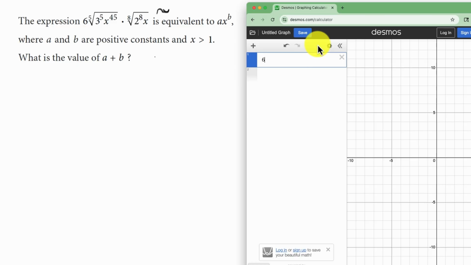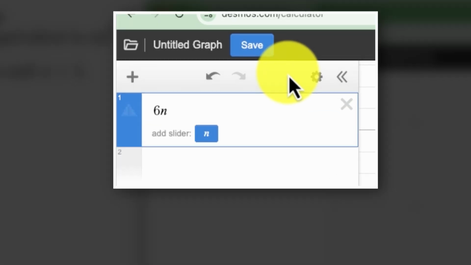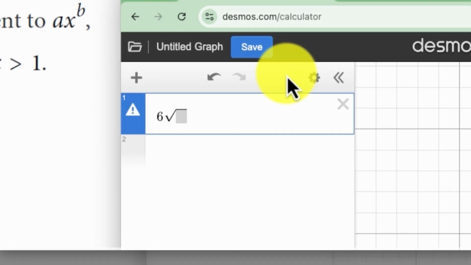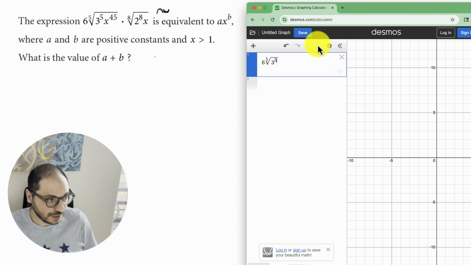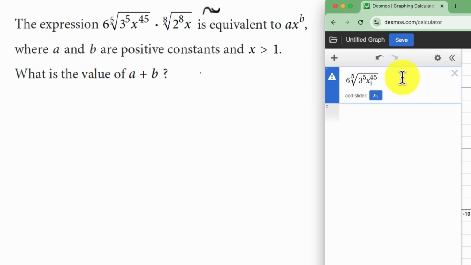So 6, and the keyboard shortcut to fifth root, or any root actually, is nthroot. You could put the root 5, 3 to the 5th times x1 to the 45th, and then click out of it. We're not going to add a slider since we're doing regression.